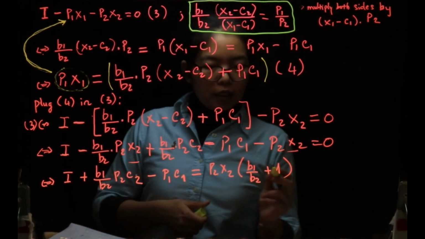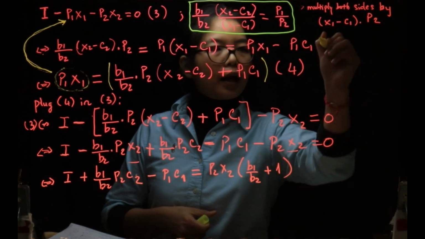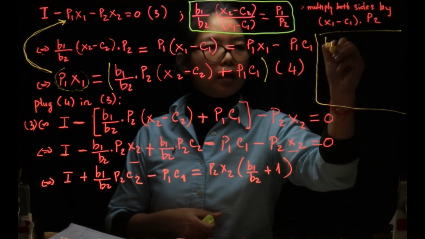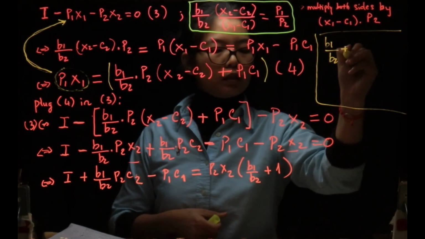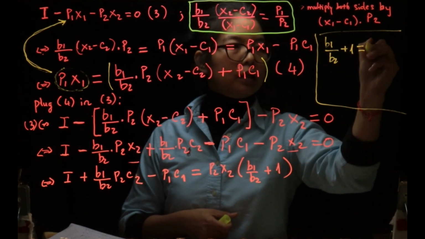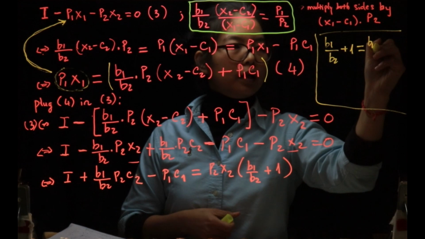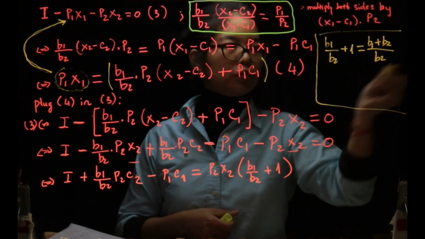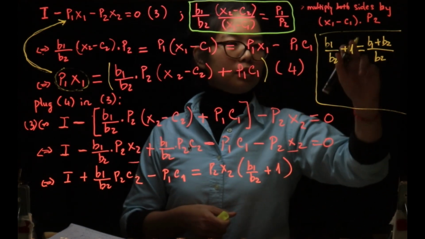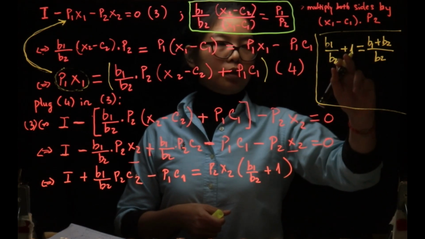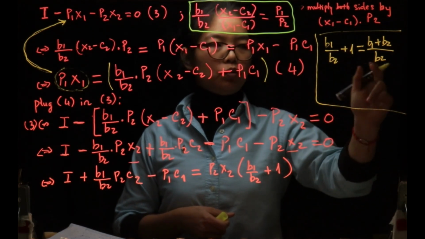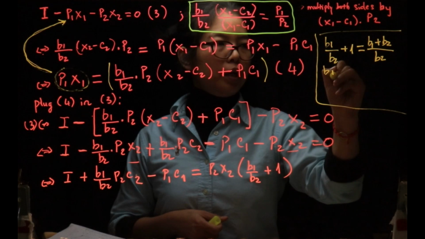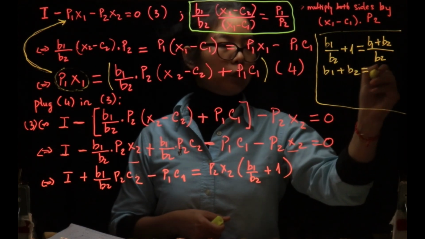Now think about this term. Is this actually b1? I will write it here. So we have b1 over b2 plus 1, which is (b1 plus b2) over b2 when we multiplied the numerator and the denominator by b2. And we remember that b1 plus b2, all the exponents, is 1.